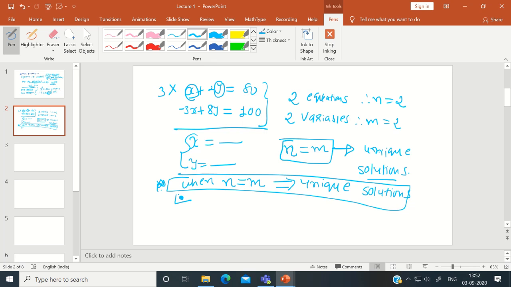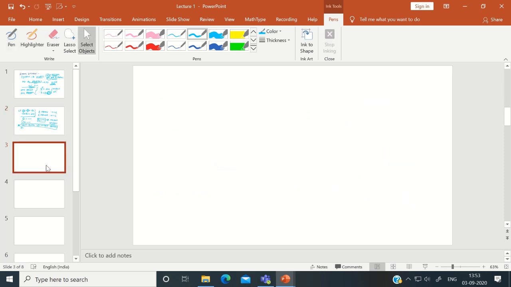In load flow analysis you must have used the Newton-Raphson method, right? In the Newton-Raphson method the number of equations and the number of variables are made the same, and then you get the unique solution.